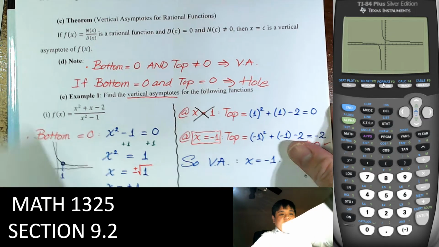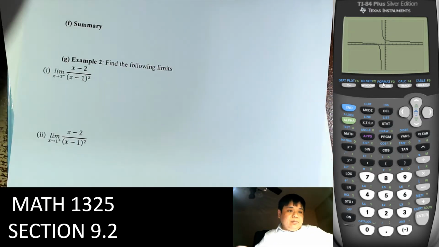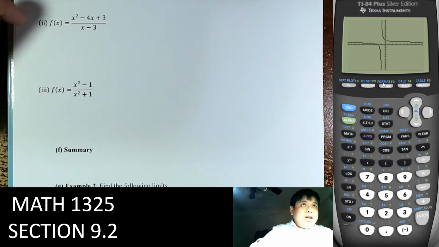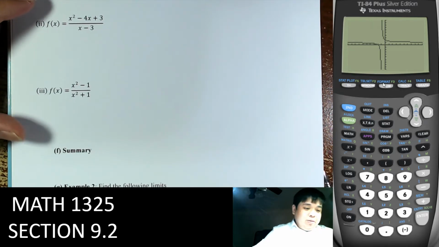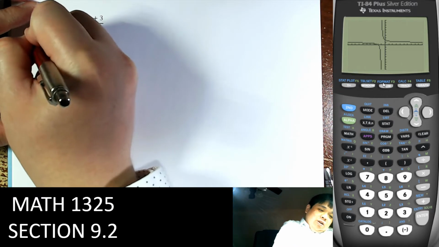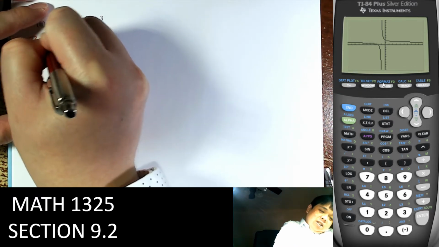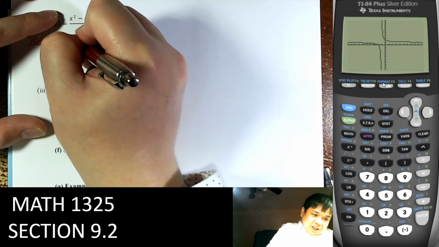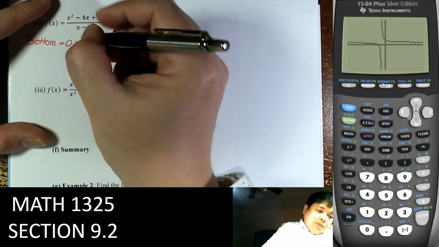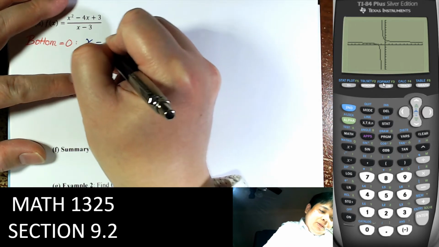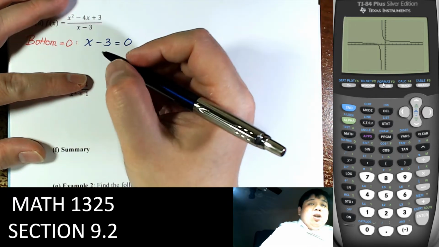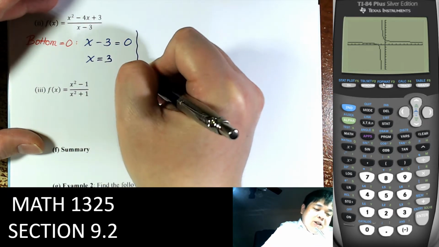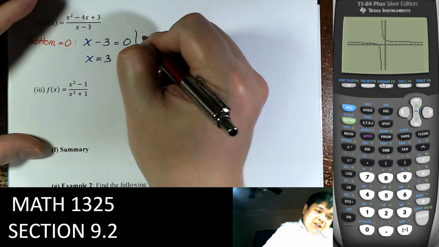Right, let's look at another example. Find the vertical asymptote of this function. Well, we just need the bottom equal to 0 and the top is not. So x equal to 3. And then we substitute into the top.